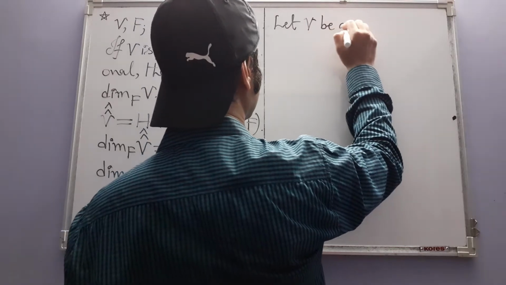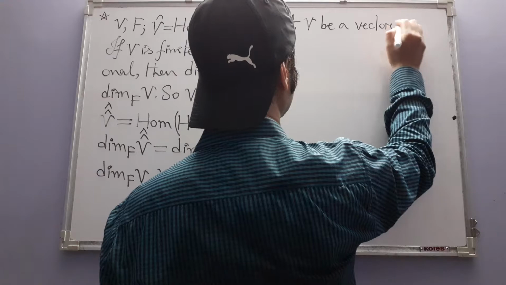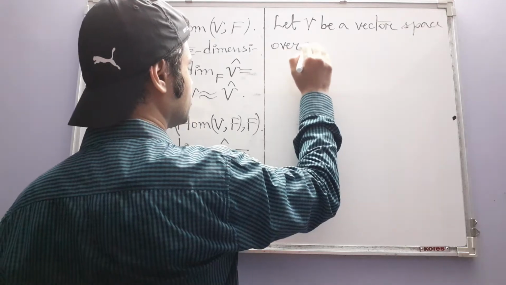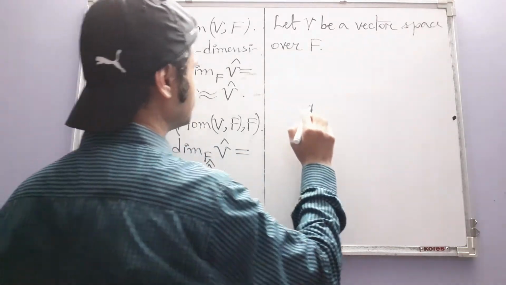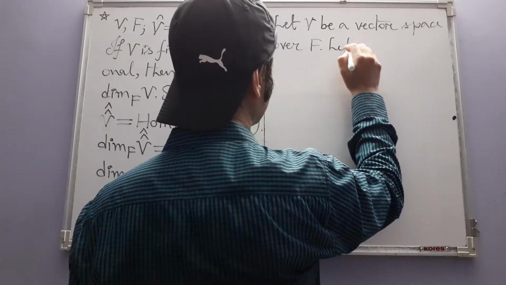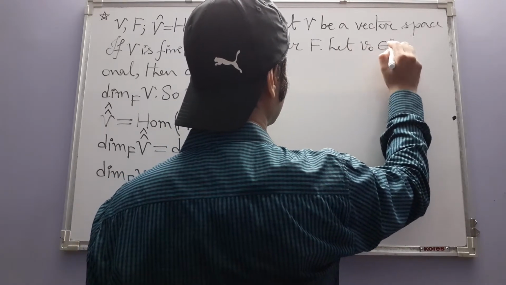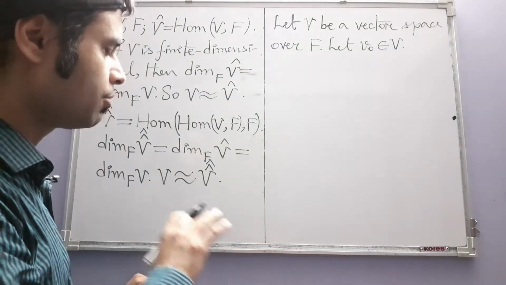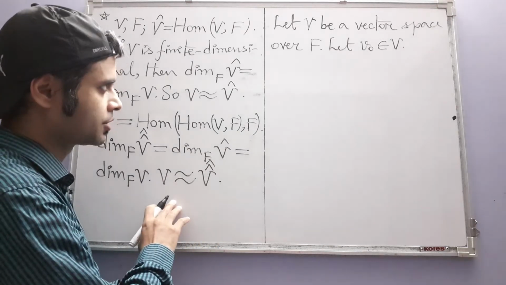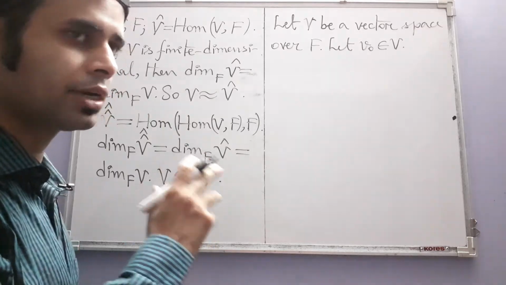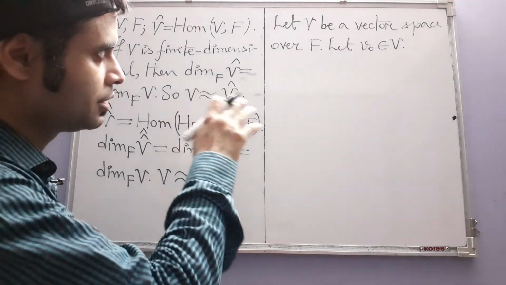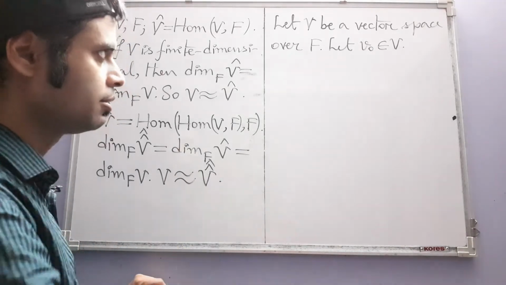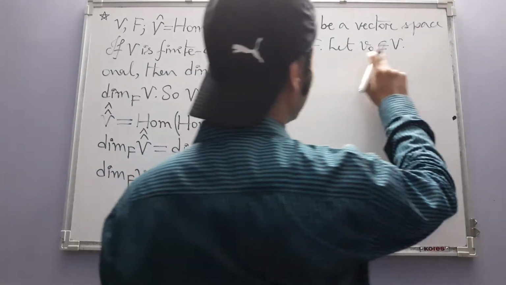Let V be a vector space over some field F. And let v naught be any element in V. Although we will need V to be finite dimensional, in the beginning itself we are not assuming finite dimensionality, and we will proceed just like this and see how far we can go, and then when that need arises we will assume it. So let v naught be any element in V.